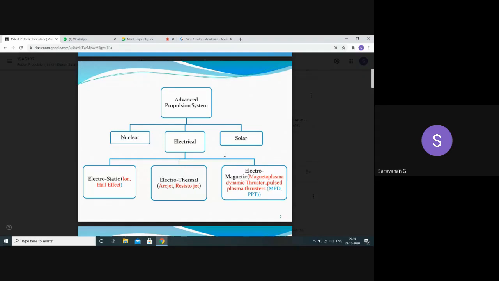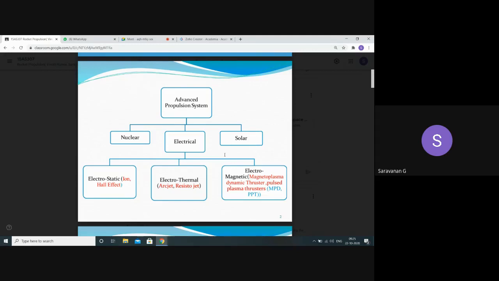A certain mass of propellant with some energy source liberates energy in the form of a velocity jet. The velocity jet gives a thrust force acting at the end, so that we can achieve a propulsive effect to propel the vehicle in the forward or upward direction.